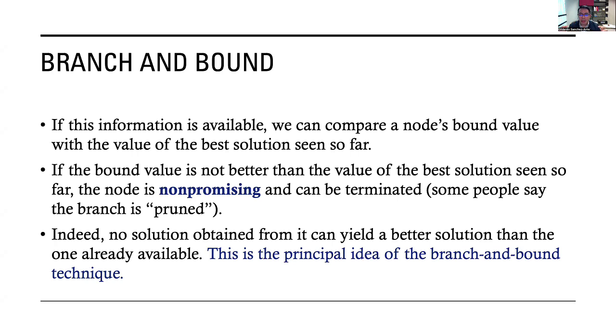Every time we try to branch my tree, to grow the tree, I will check the bound of the new nodes. And if the bound promised by one of those nodes is not better than what I have already, I am not interested in exploring it. If it is promising, then I will continue exploring, meaning I will continue growing the tree.